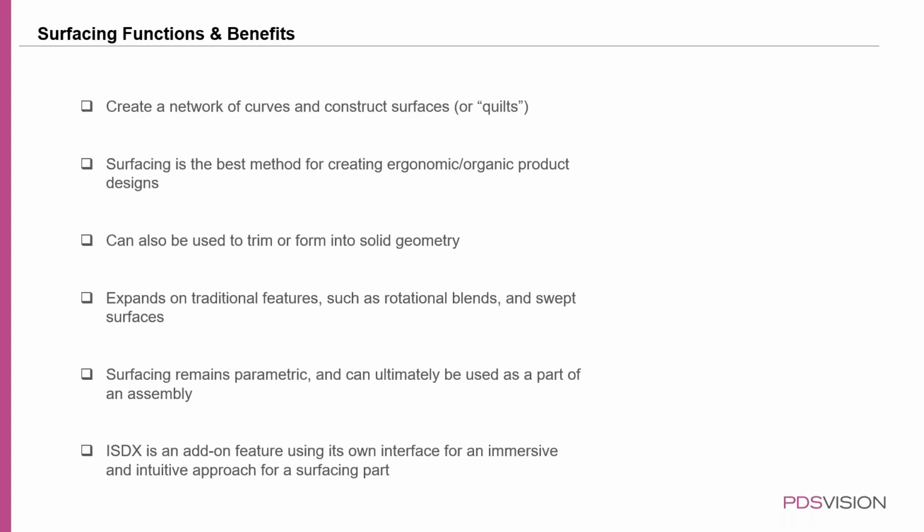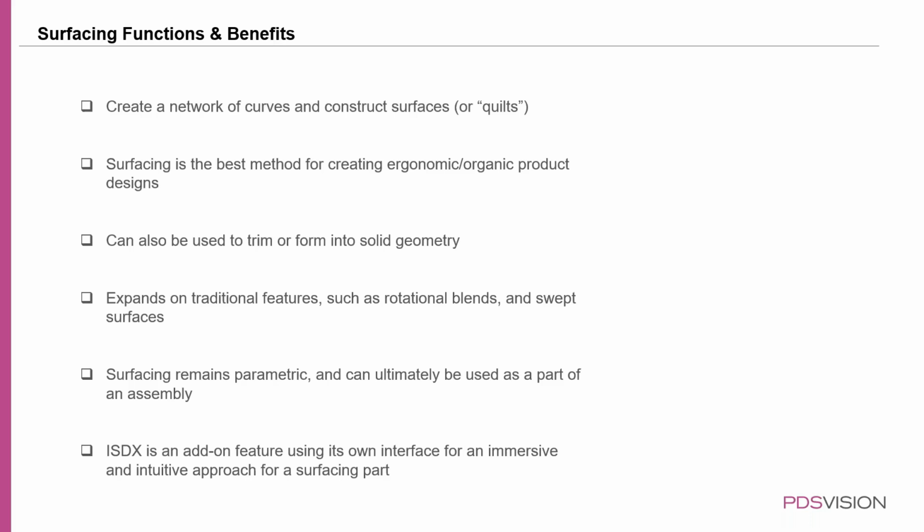When you build those, you'll be able to essentially patch those together to build quilts. Some of you may have heard this terminology in previous software, but essentially you're building this so you can get designs that are organic or ergonomic, especially for product designs.